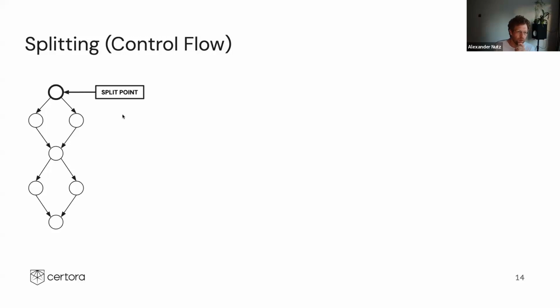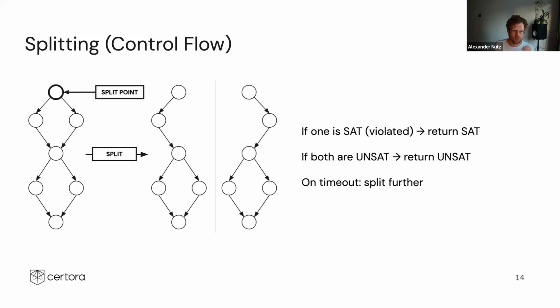It's called the split point, and says, what if we always took the left branch here, and then as a separate subproblem, what if we always took the right branch? So it will make these into separate formulas, and if one of them is SAT, then we're done. We don't even need to look at the others. We can just return violated.